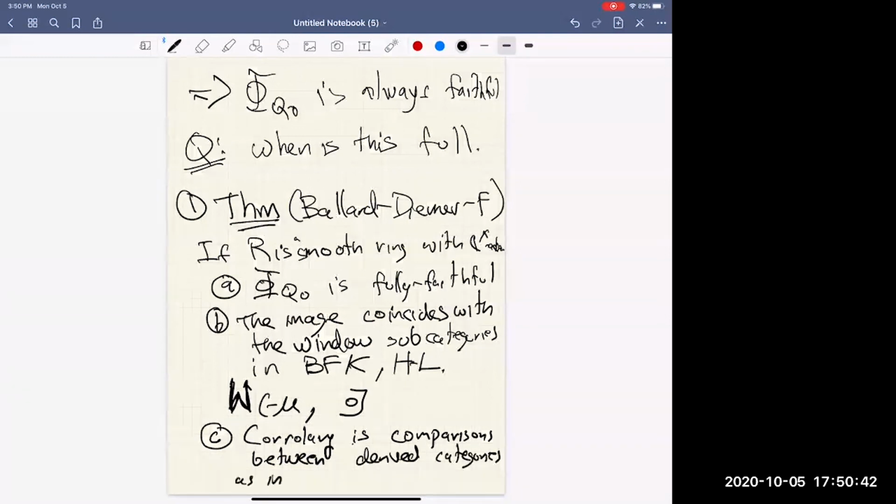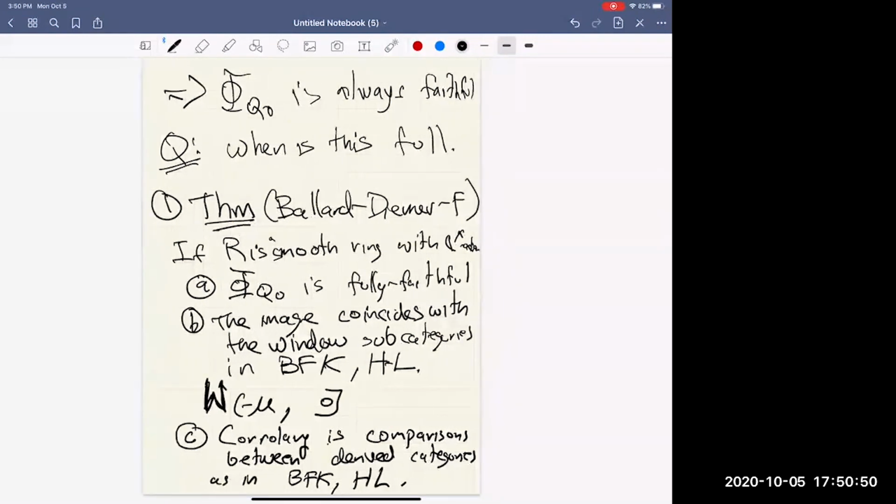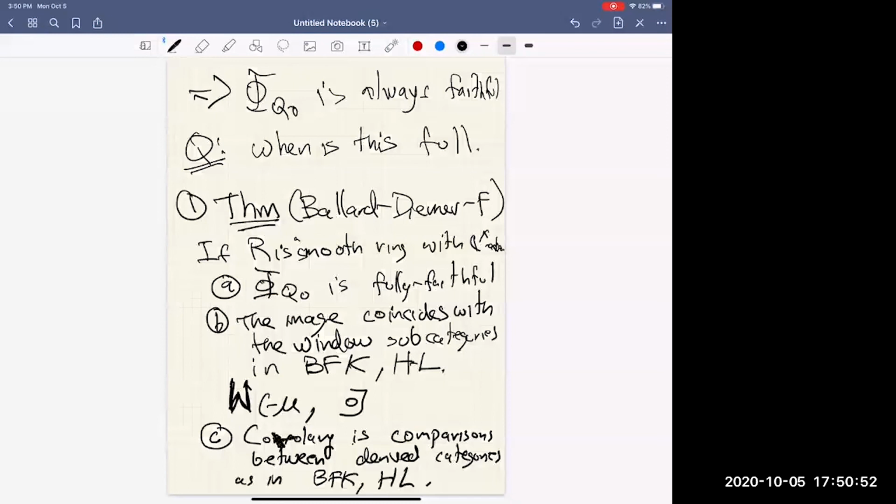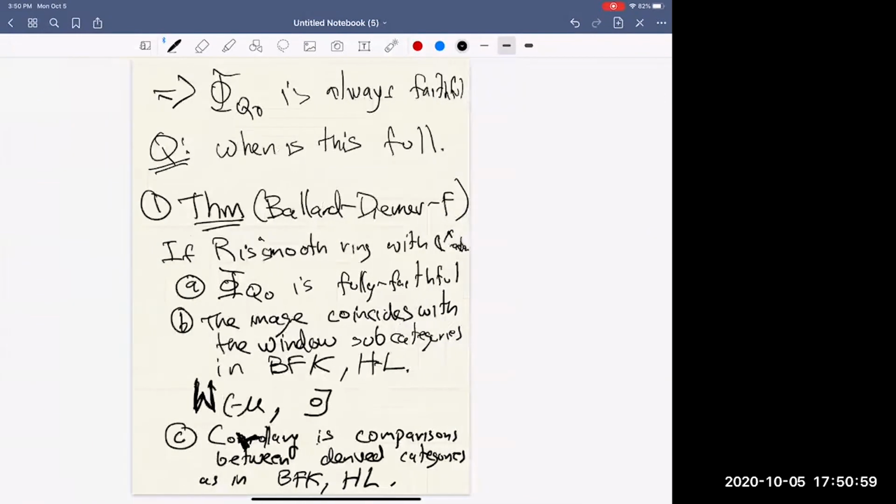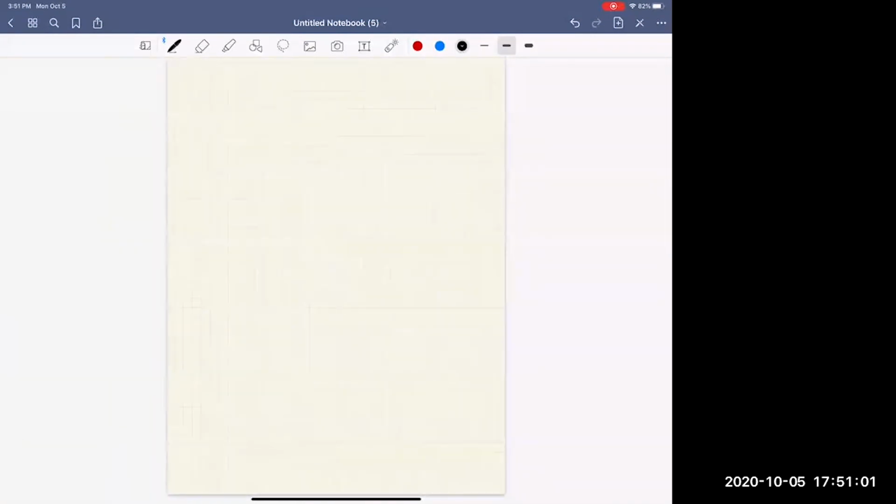As in, there's one R in corollary and two L's. So 2 is that this is a theorem.